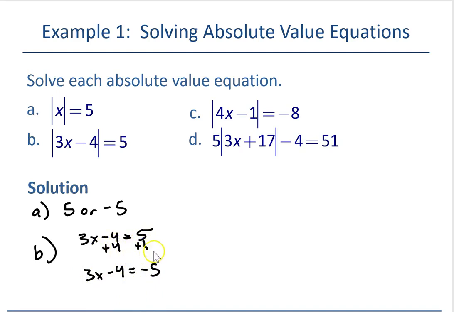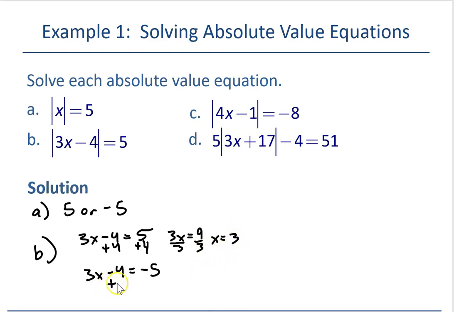Add 4 to both sides, and I get 3x is equal to 9. Divide by 3, and you get x is equal to 3 on one of them.